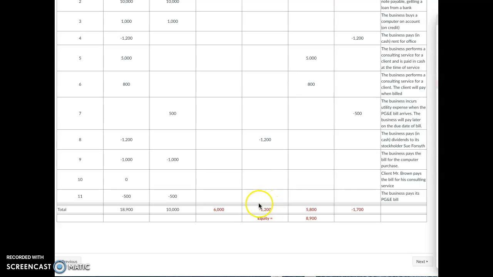Dividends, which decrease equity, $1,200. Revenues, which increase equity, $5,800. And expenses, which decrease equity, $1,700. Added together, they equal the same total, $8,900 in equity.